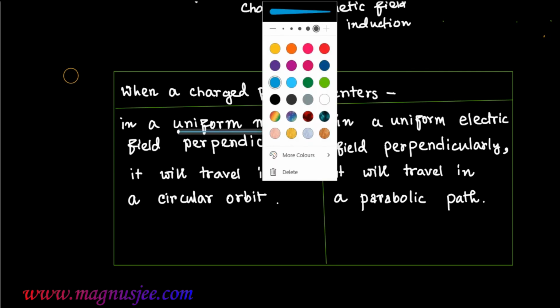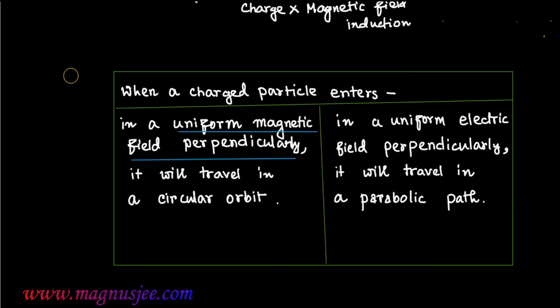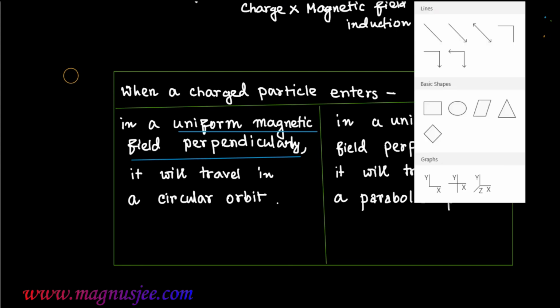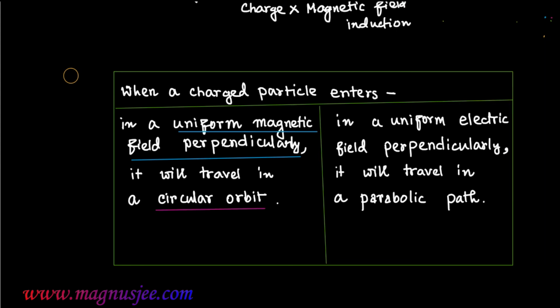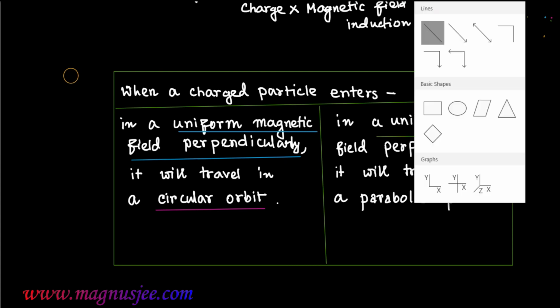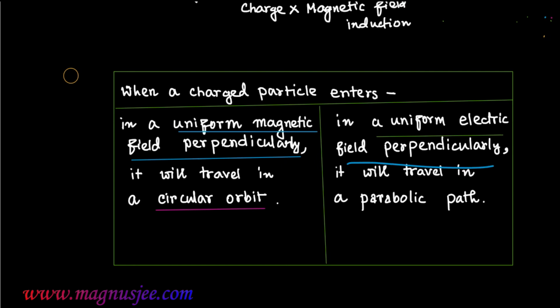So if the charged particle enters a uniform magnetic field perpendicularly, it will describe a circular orbit. If the same charged particle enters a uniform electric field perpendicularly, it will describe a parabolic path.